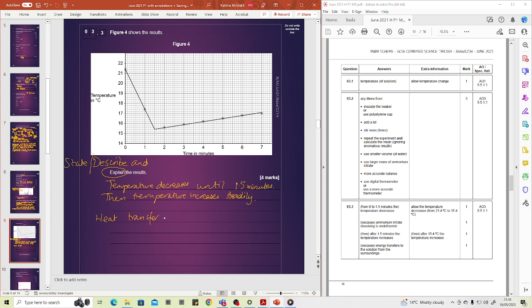Okay, so heat transfer from the solution to the chemical system. Endothermic change when ammonium nitrate dissolved.